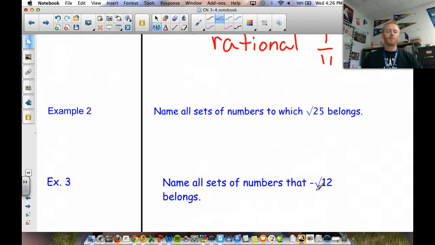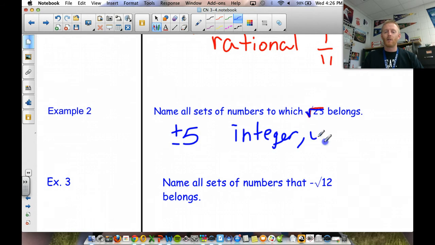Example number 2. Name all the sets that apply to the square root of 25. I try to make that a little bit bigger so you guys can see that's actually a square root symbol. The square root of 25 is 5. It's a positive 5, so it's an integer. It's a whole number.